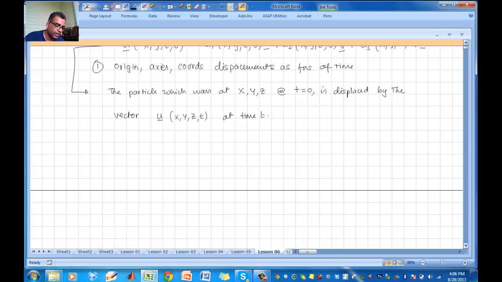So to draw your picture, here is my coordinate system, here is my particle at x, y, z. My displacement will take it and move it somewhere here.